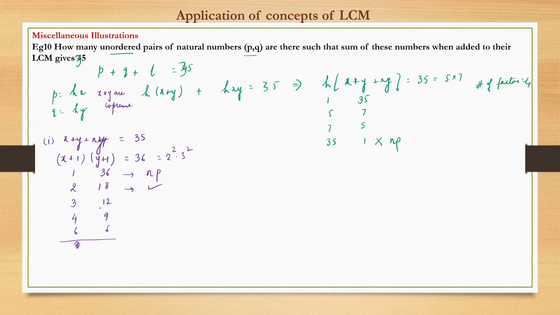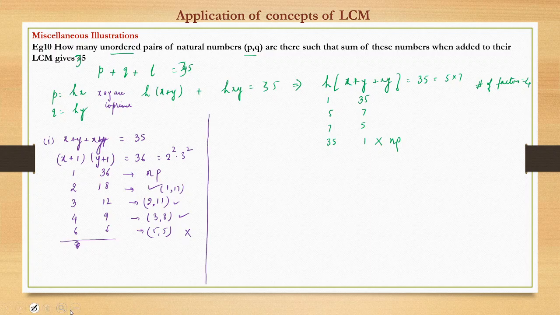Here x is 2 and y is 11. 2 and 11 are co-prime. This is also a possible case. Here it is 3 comma 8. This is also a possible case. Here 5 comma 5, 5 and 5 are non co-prime, so not a possible case. So from here we are getting three cases.